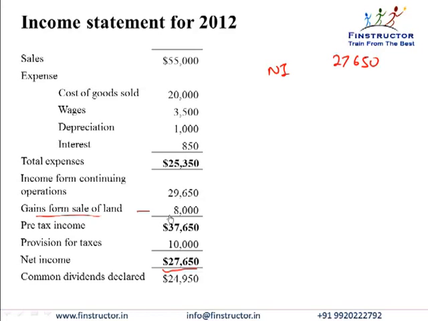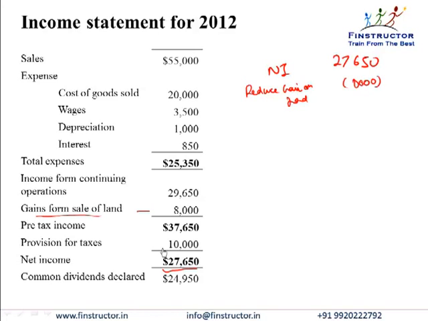Even if this gain came in as cash, it is not an operating activity. Sale of land would be an inflow from investments. So this net income has $8,000 contributed from this gain, which needs to be knocked off. So we reduce the gain on sale of land and make an adjustment of minus $8,000.